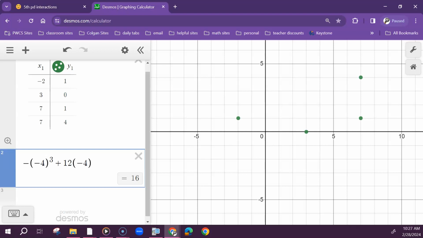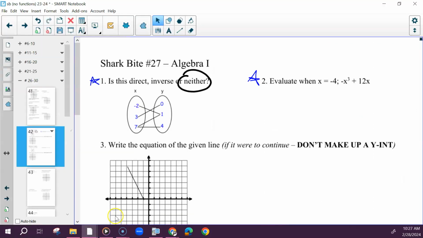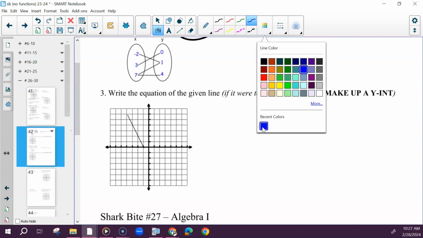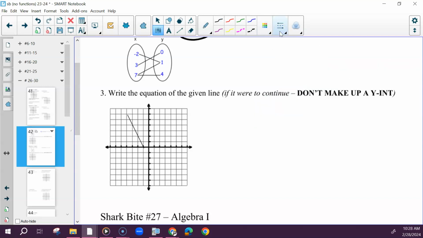Right, and then number 3. If I had to write the equation of this given line, if this line were to continue, looking at the points, I can see that this has a slope of 2, or should, if it continued. So I know, or -2.